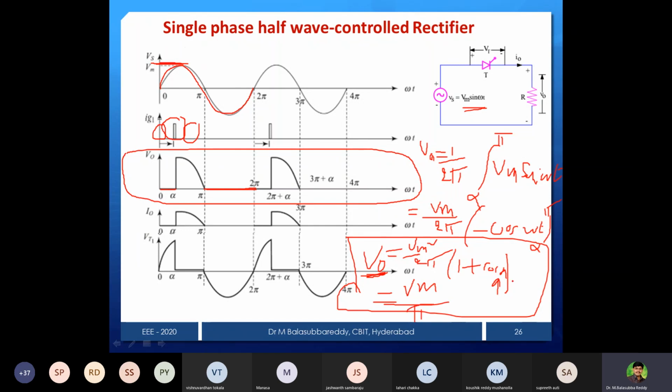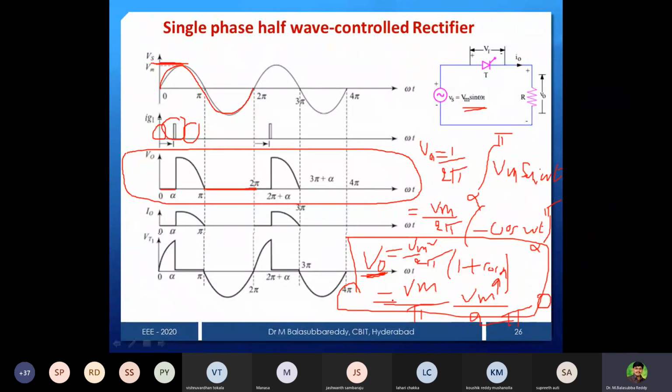Now if you keep alpha equal to 30 degrees, it is cos 30 plus 1 and Vm by 2 pi. And if I give alpha equal to 90 degrees, cos 90 is 0, so output will be Vm by 2 pi. And if I give alpha equal to 180 degrees, cos 180 is minus 1, plus 1, minus 1 gets cancelled, 0. So that will be 0.